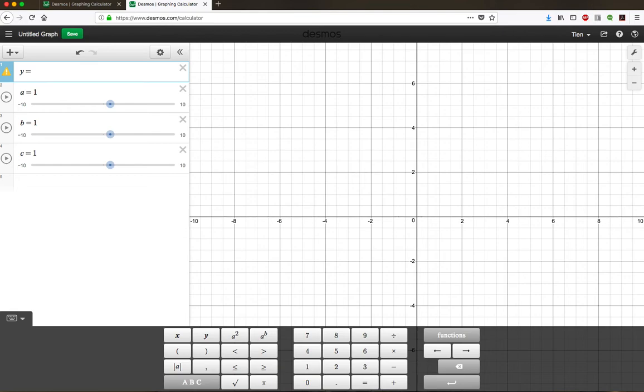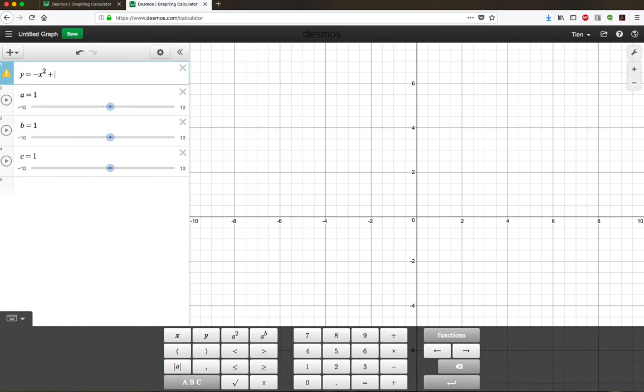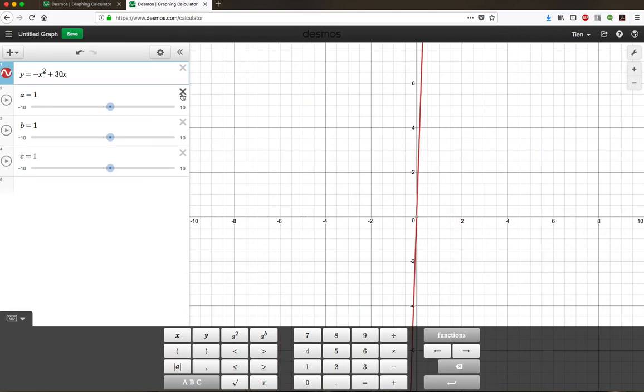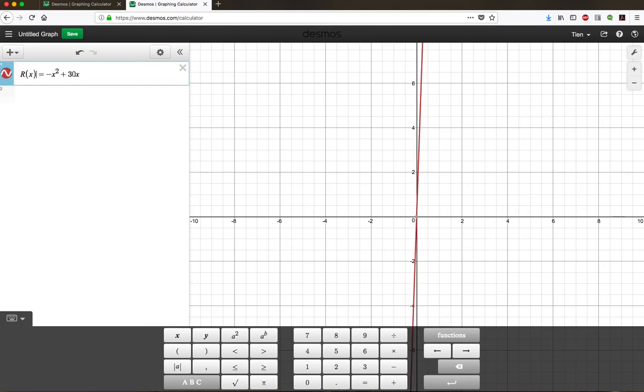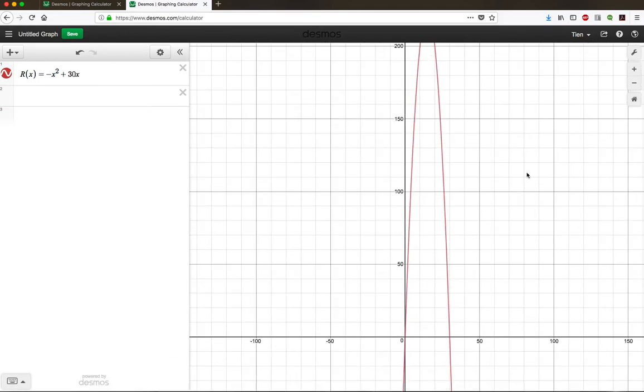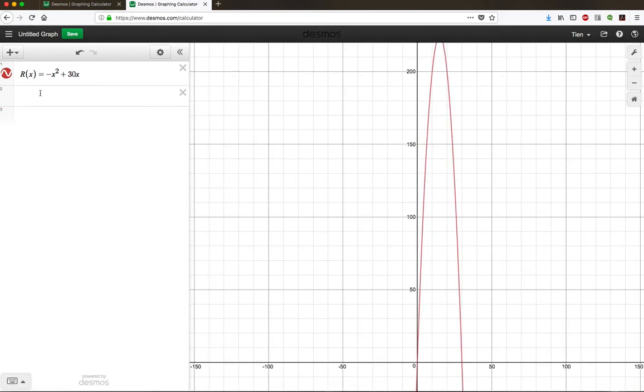So example 8 from your book says that you have a revenue function that's minus x squared plus 30x. Let's kill these. And that's a revenue function. And so if I zoom out here, it's something that looks like that.